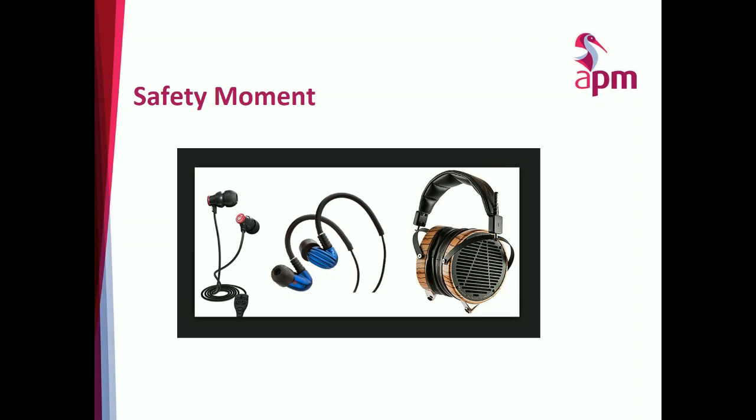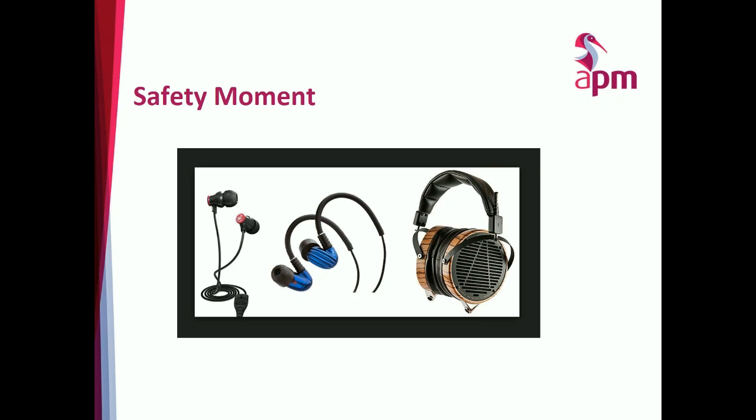Further investigation discovered that most of those who were suffering the most severe hearing loss attributed it, or it was able to be attributed, to the use of ear systems where the earbuds go inside the ear canal, i.e. either of the 2 sorts of speaker systems you can see on the screen on the left-hand side.